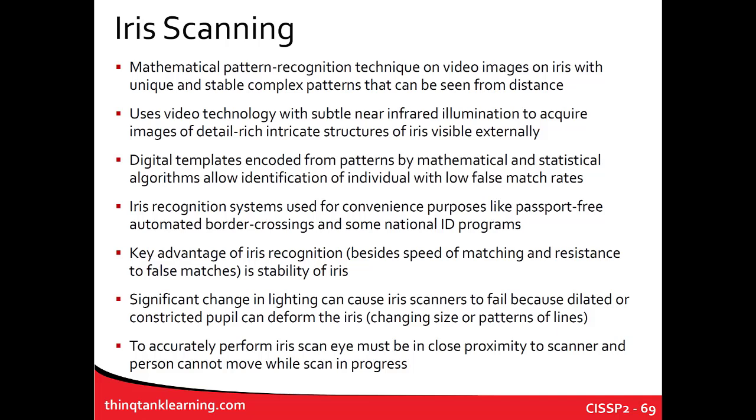The eye has to be close enough so that you can clearly see it, which is not always ideal in all user environments. Even think about the idea that humans are different sizes and shapes, right? You have to have a scanner that can work with somebody that's 6'5" or 4'2". All right. Still pretty common though.